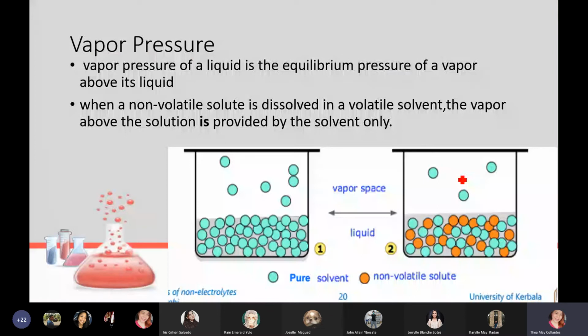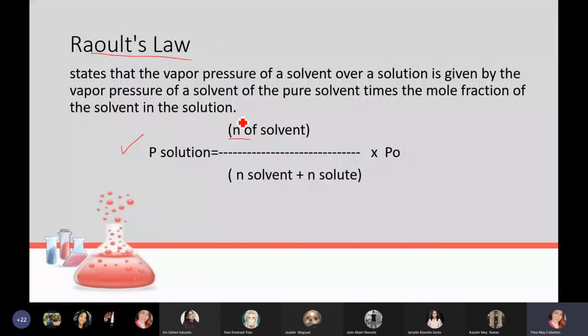So we are getting the moles of your solvent and your solute. So it's substitution. You did this already with your Dalton's law of pressure. So try to calculate it in our laboratory, times the pressure of our solvent.